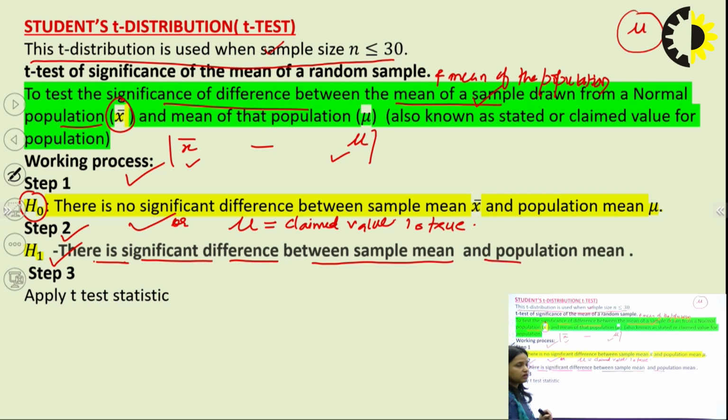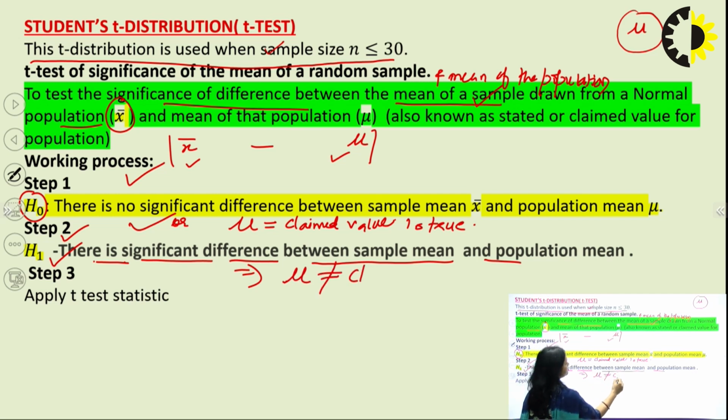It means the sample mean and population mean are significantly different, and statistically we write it as mu is not equal to the claimed value. It means I was claiming that the average of my class will be 70, but it is wrong. It may happen that the average marks may not be 70. It may deviate significantly from 70.